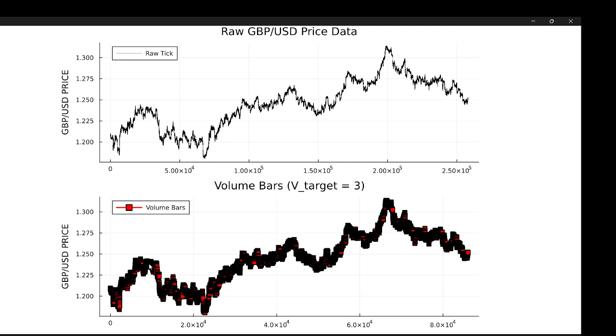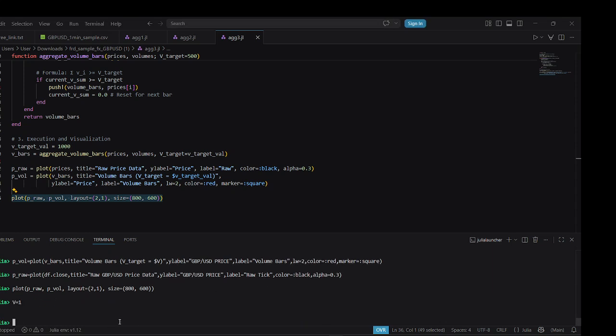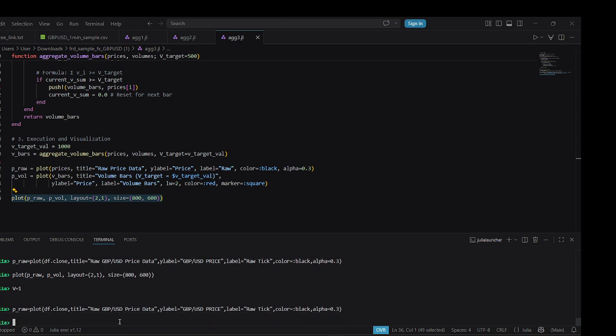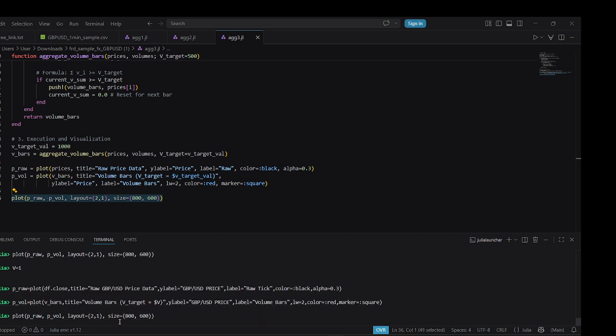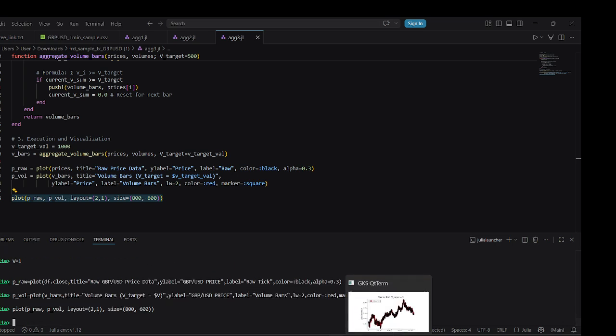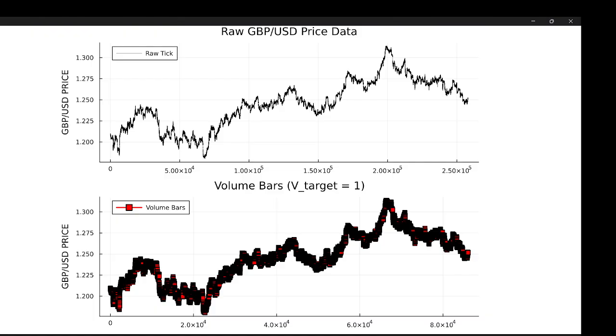As you can see, it's even more finer than the volume target of 10, right? Just for the sake of it, I'm going to change the volume target to 1, okay? And it's even more finer.